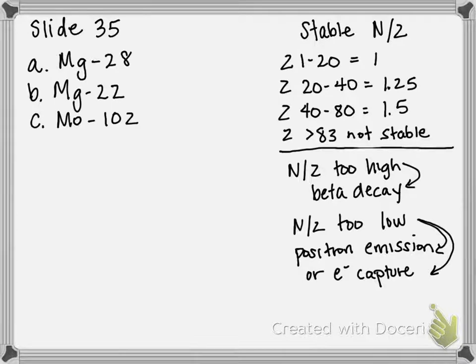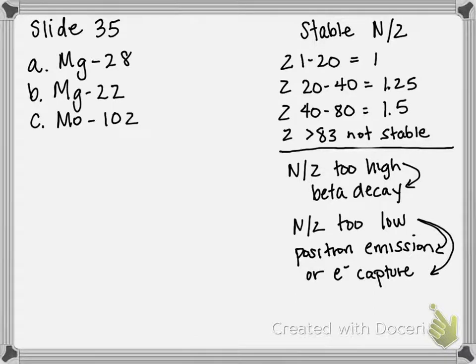For heavier elements, atomic numbers 20 through 40, our N over Z ratio is 1.25 if we want a stable element. And for even heavier elements, Z of 40 to 80, the most stable elements have an N over Z ratio of 1.5.